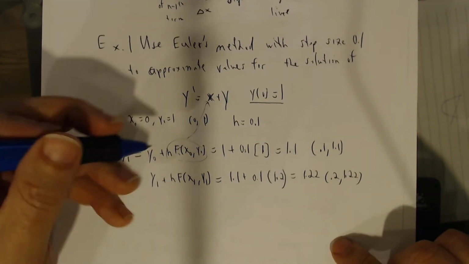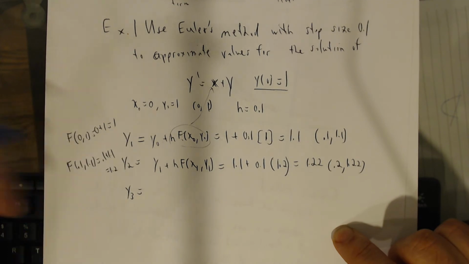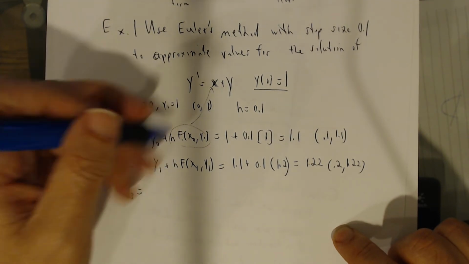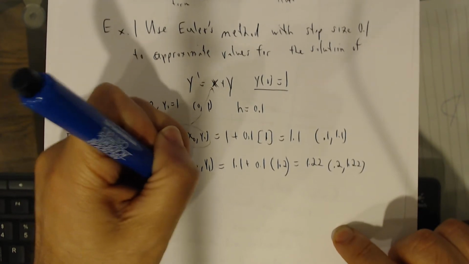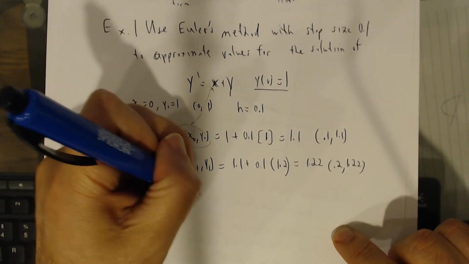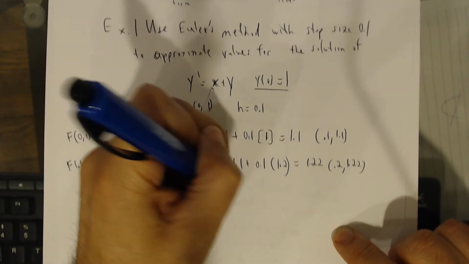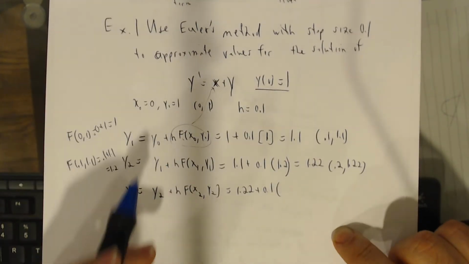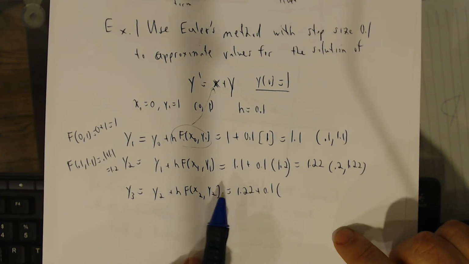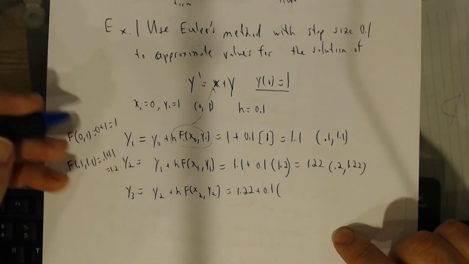Okay, and so on. You can see if I were to do y sub 3, then what would that mean? I would have y sub 2 plus h of f of x sub 2 comma y sub 2, which would be 1.22 plus 0.1 times, and if you were to plug in, what would this be?